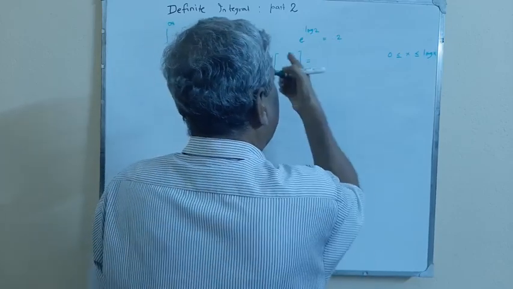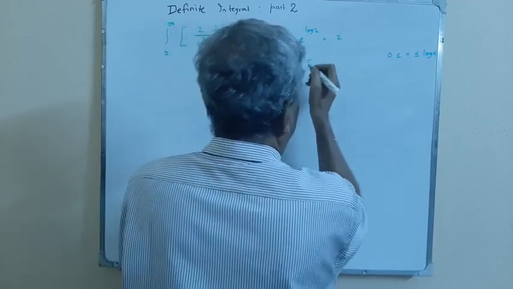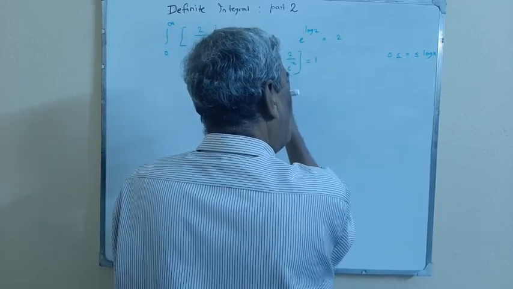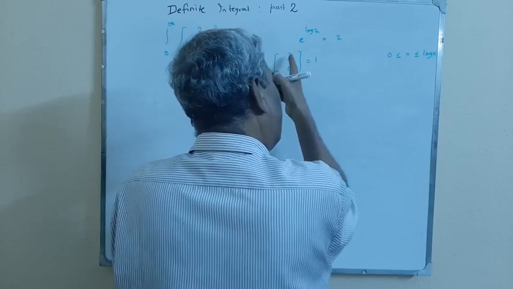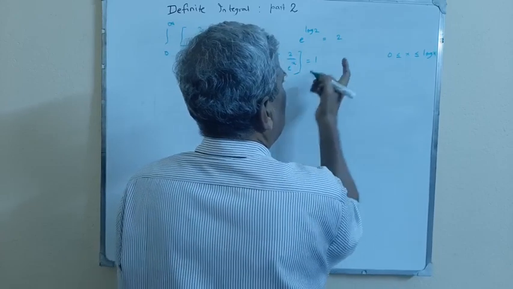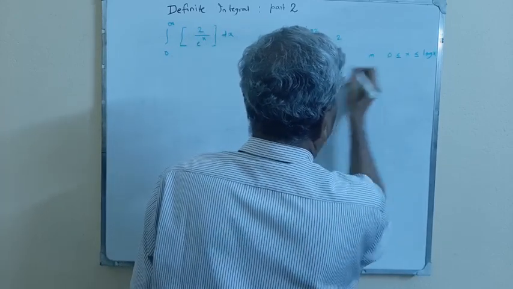Immediately after that, it is less than 2, so the integral part is 1, since 2 by more than 1 but less than 2 is 1 point something. So this is equal to 1 in that interval.